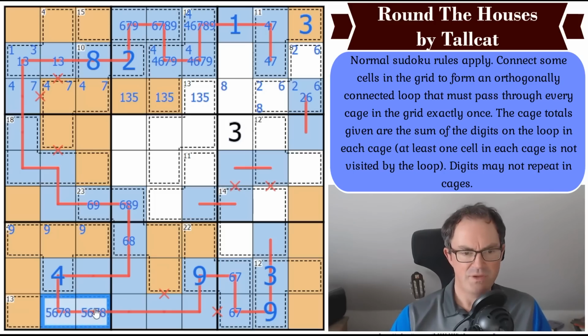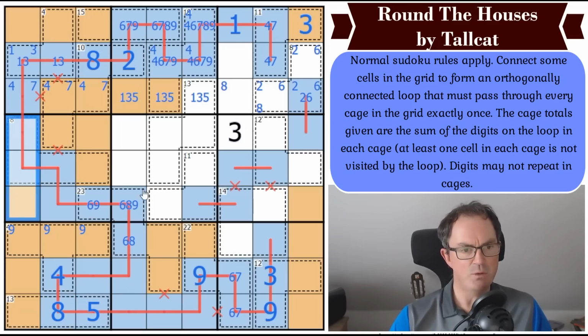Oh, okay, this isn't 6, 7 now, because that would clash here. So this is now 5, 8. Okay. Alright, so we can do some more Sudoku in box 7. 8 is now almost locked into my 18 cage.